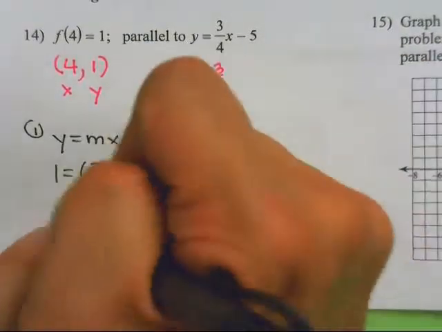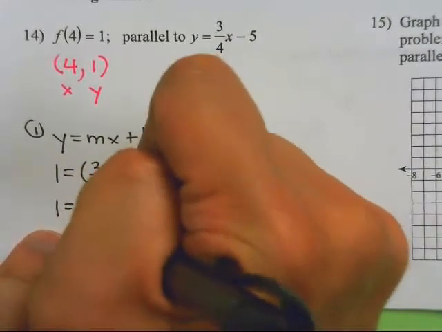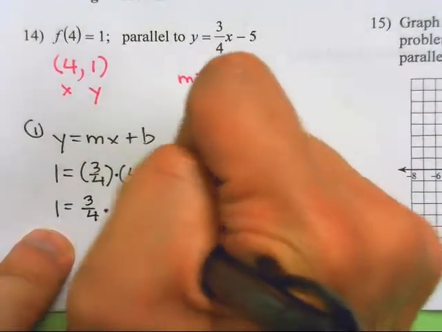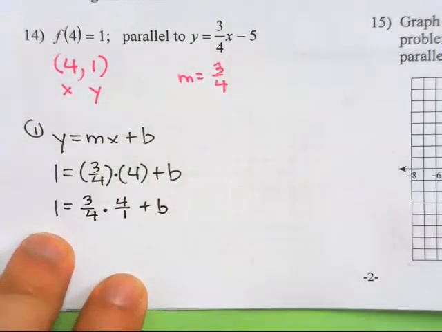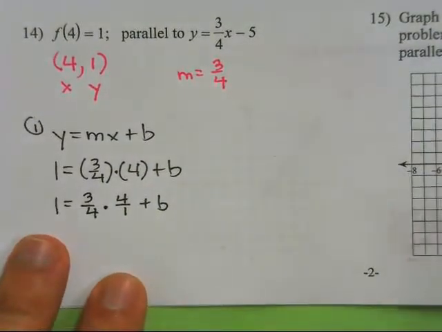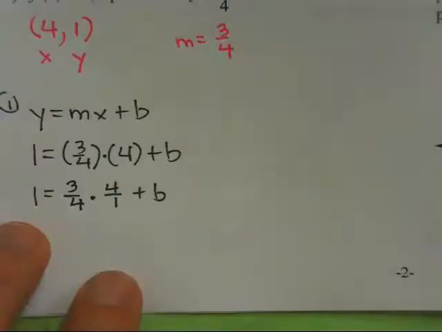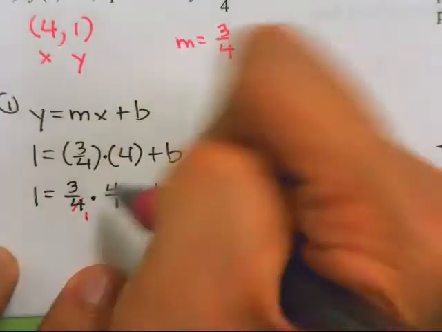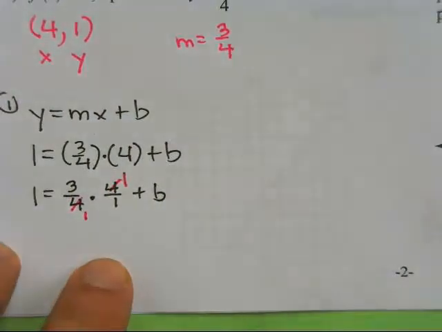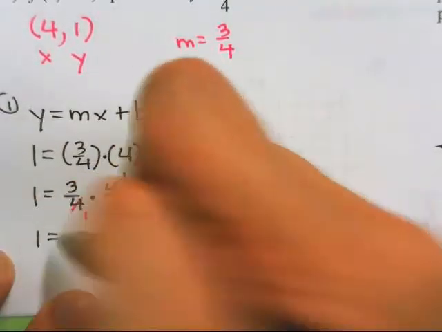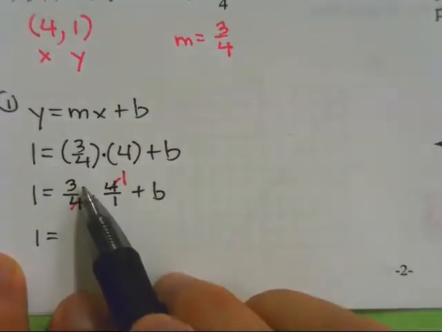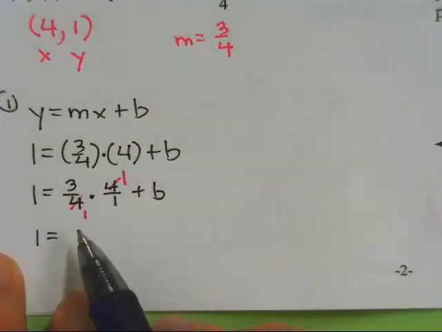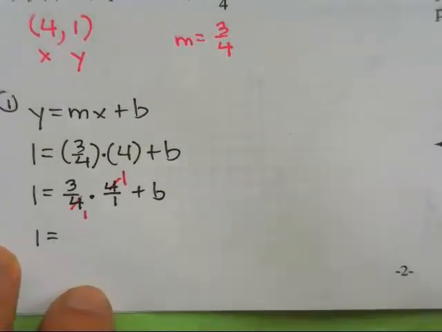Okay, I'm going to do this by hand, so no calculator. For those who are doing no calculator, you can do this as 4/1 plus b. Okay, can the 4's cross out over here? Yes, so this is 1, this is 1. Okay. 3 times 1 is 3 on the top. 1 times 1 is 1 on the bottom.